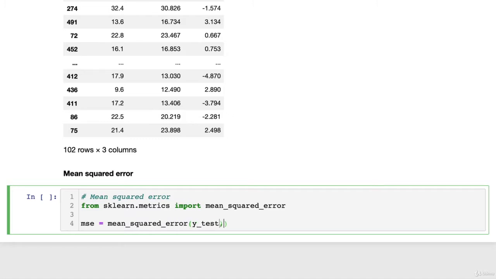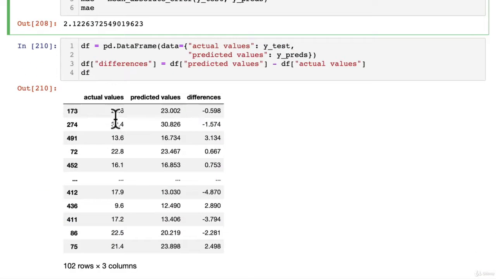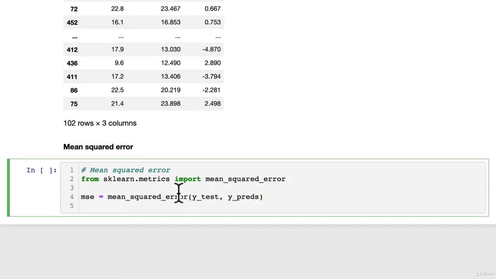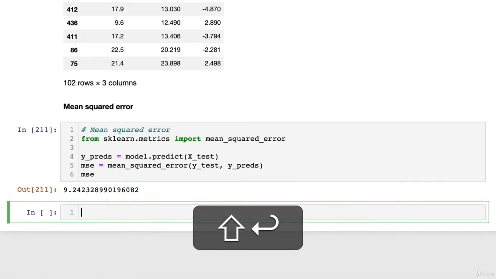Then we're going to take the Y test labels, and because we've already made predictions up here, Y preds, we could make them again, but we might just reuse the values here. Actually, for completeness, what we might do is just the Y preds equals model.predict, and we're predicting on the X test data because we want to compare our predictions to the Y test data. Then we're going to have a look at MSE.